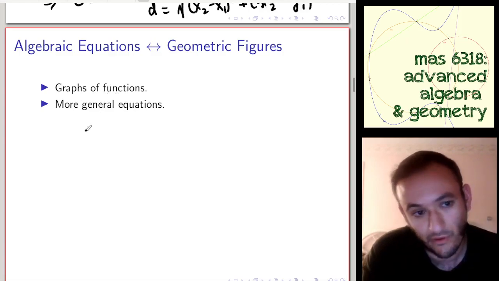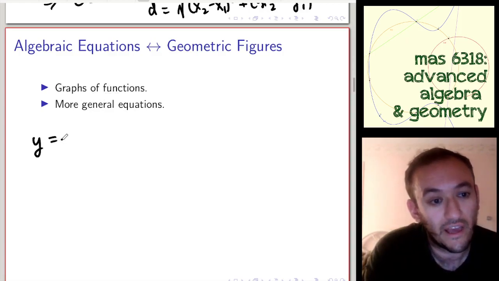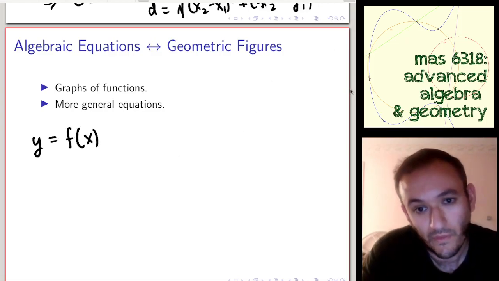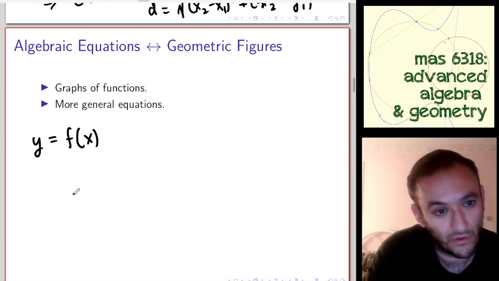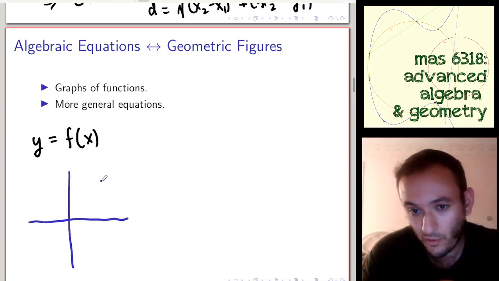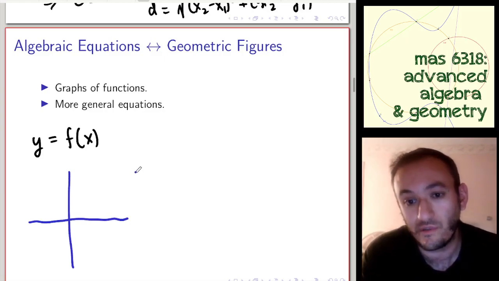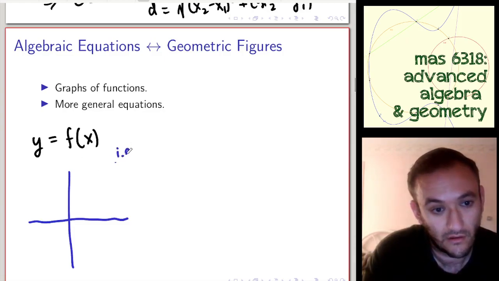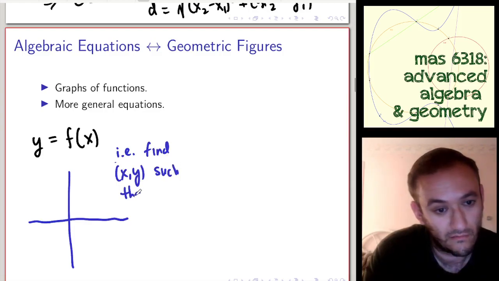So for instance, with graphs of functions, if you have y equals f of x, what that tells us to do is look at all points in the plane of the form (x, y), where y equals f of x, where this equation is true. Find the pairs of points (x, y) such that y equals f of x.